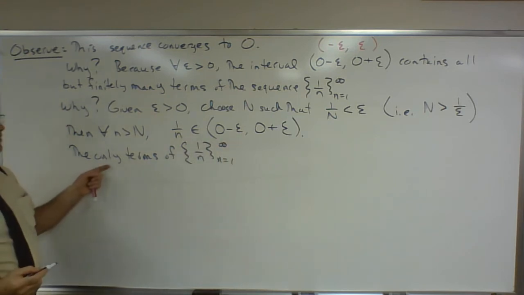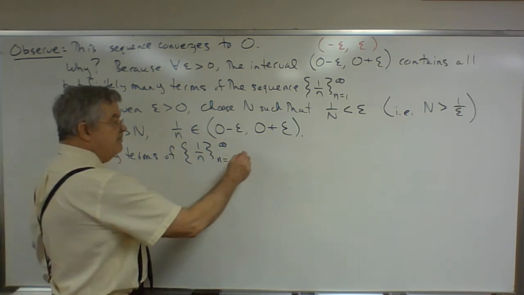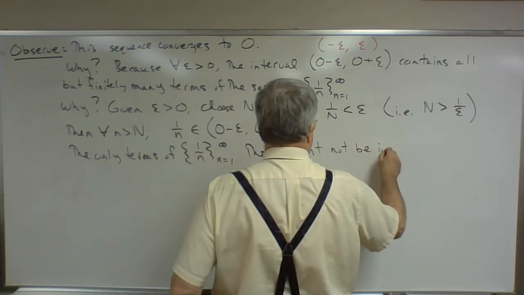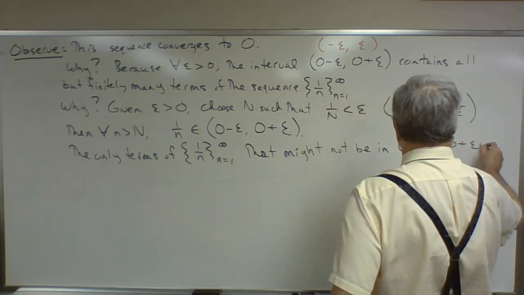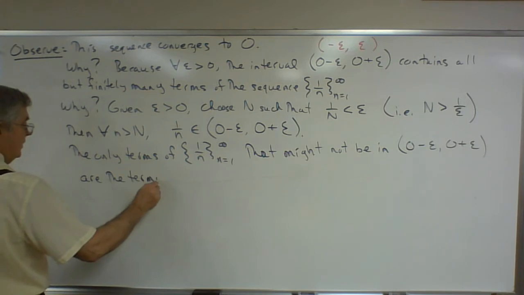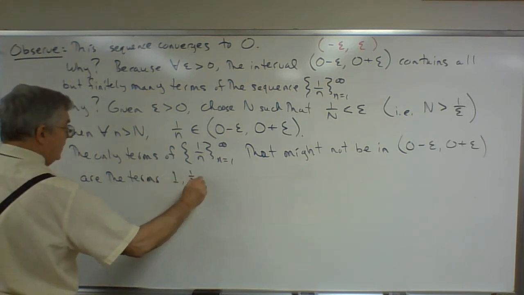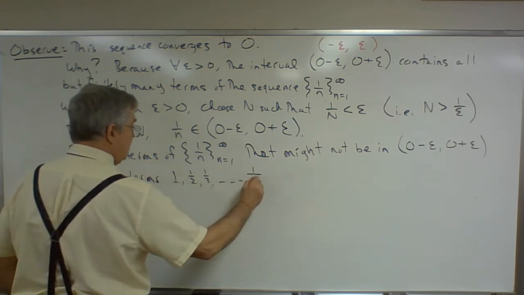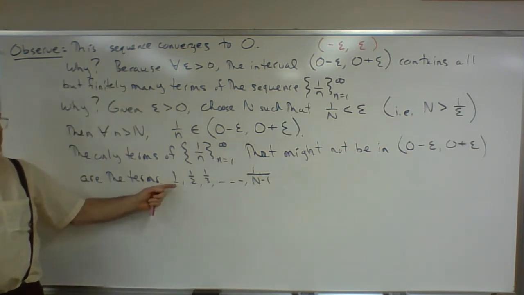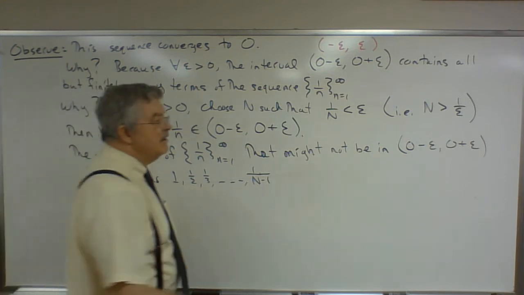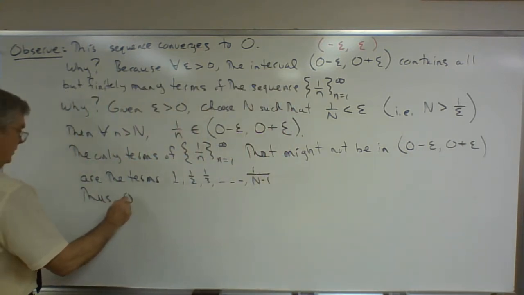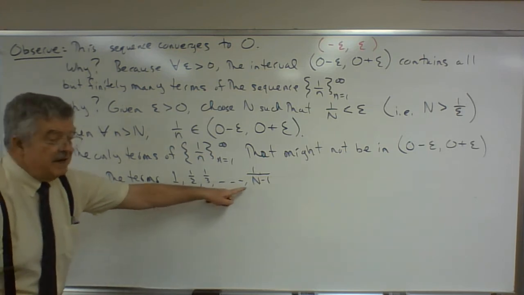As a matter of fact, the only terms of this sequence that might not be in the interval from 0 minus epsilon to 0 plus epsilon are finitely many of these terms, right?